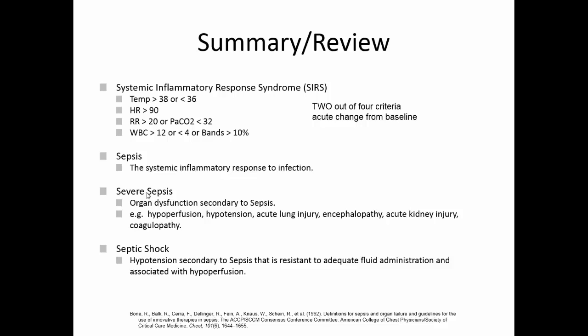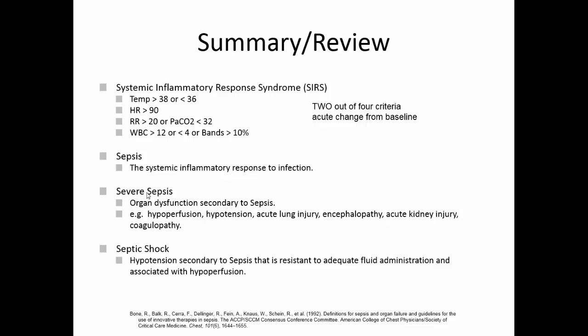So to continue our review, SIRS is systemic inflammatory response syndrome: temperature greater than 38 degrees Celsius or less than 36, heart rate greater than 90, respiratory rate greater than 20, a blood CO2 less than 32, white blood cell count greater than 12 or less than 4, bands greater than 10%. Two out of these 4 criteria or an acute change.